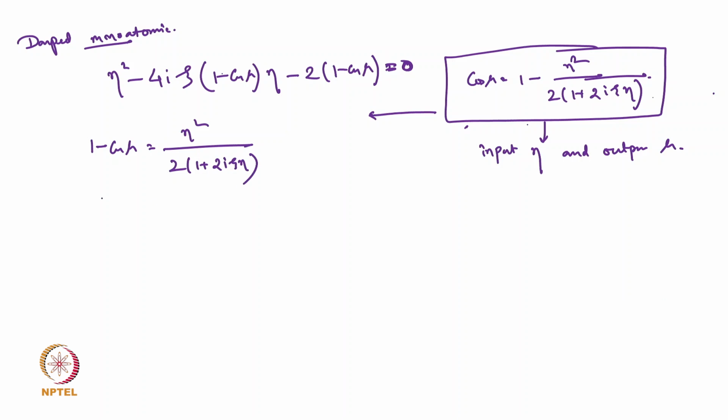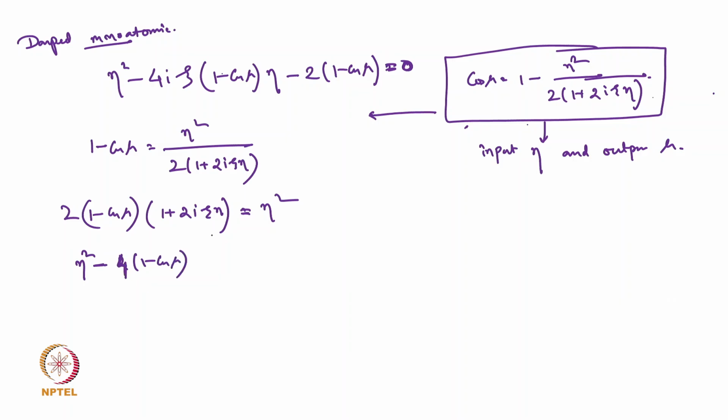Now we can write it as 2 times (1 minus cos mu) times (1 plus 2i zeta eta) equals eta square. So eta square, which is my second order term, minus 4 into (1 minus cos mu) into i zeta eta, plus 2 into (1 minus cos mu), equals 0.